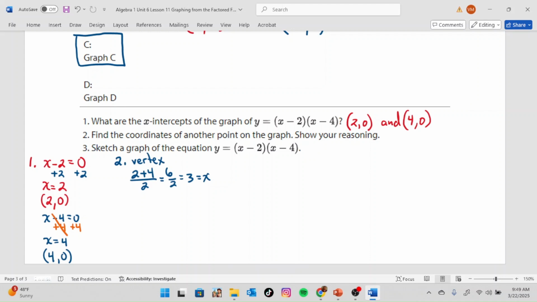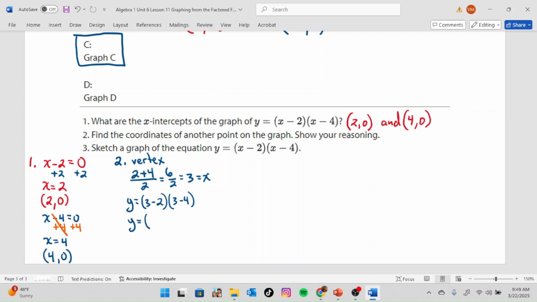Now I'm going to substitute this 3 into the equation to solve for my y value. So y equals (3 minus 2)(3 minus 4).